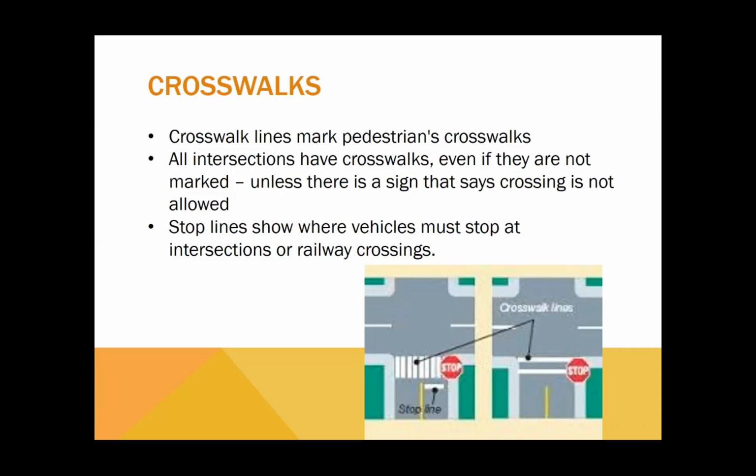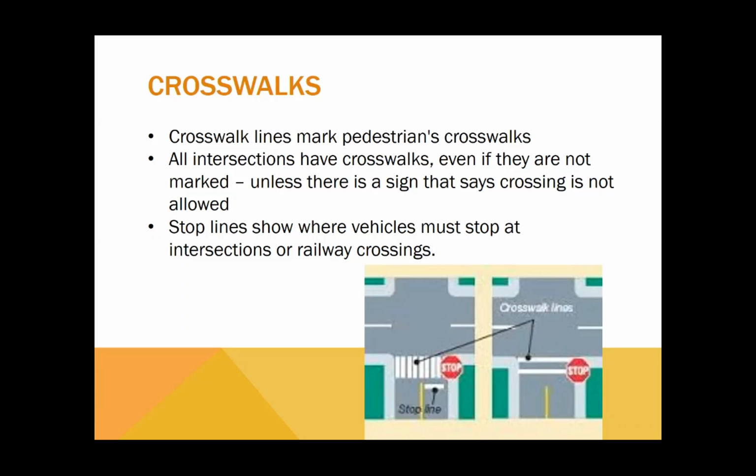Stop lines show where vehicles must stop at an intersection or railway crossing. Right there on the bottom image, it says stop line. So you've got to stop at that line. You can't go farther, because you'll be in the crosswalk zone, obstructing pedestrians and potentially forcing them to walk in the way of oncoming traffic, putting them in danger. So be careful.